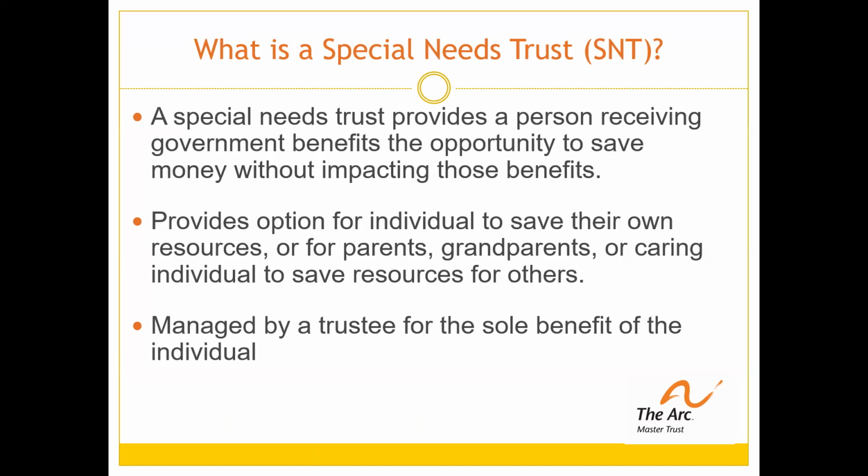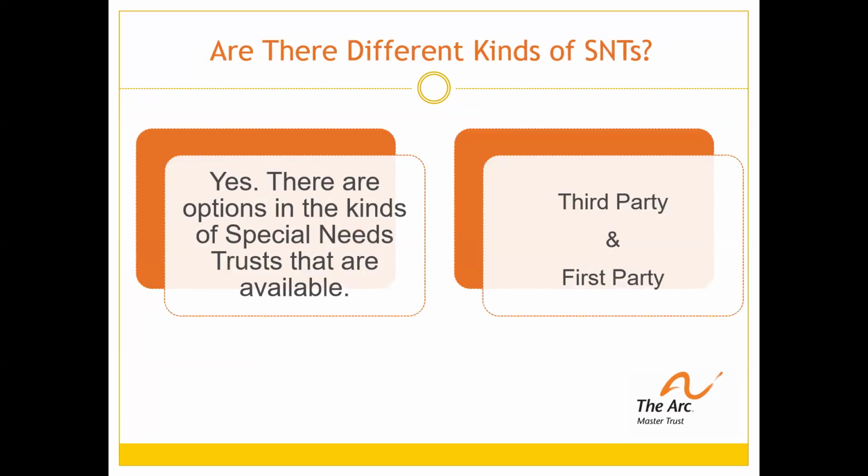There are rules set forth by Medicaid, Social Security, and other government agencies that a special needs trust needs to follow to make sure that the trust does not impact the beneficiary's benefit eligibility. One of the primary rules is that the trust can only be used for the primary sole benefit of the beneficiary, and that the trust is managed by a trustee.